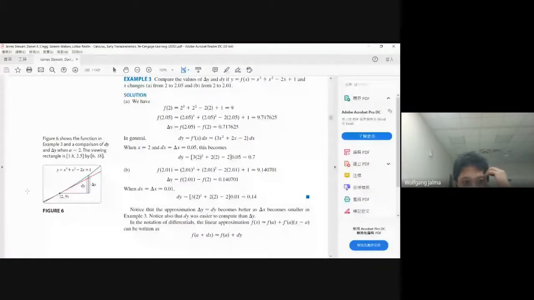Do you see figure 6? So the function is the blue one. It's not linear, but from a very small distance from the point, you can approximate the function in blue with the linear line, the red line. So there's a difference here. The difference is basically the error.